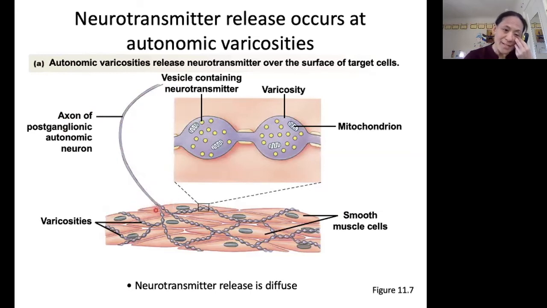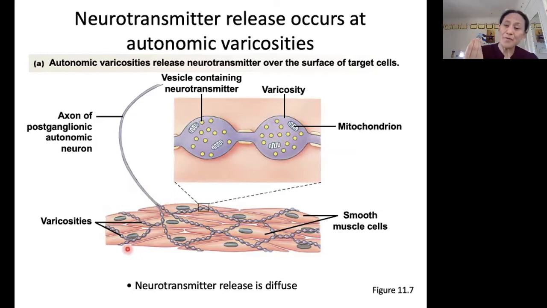Instead of having just a simple synaptic terminal, we have this axon branching out, and those branches form these little swellings called varicosities. Inside of each varicosity are synaptic vesicles filled with neurotransmitter. As you can see, these branches spread out over the target.